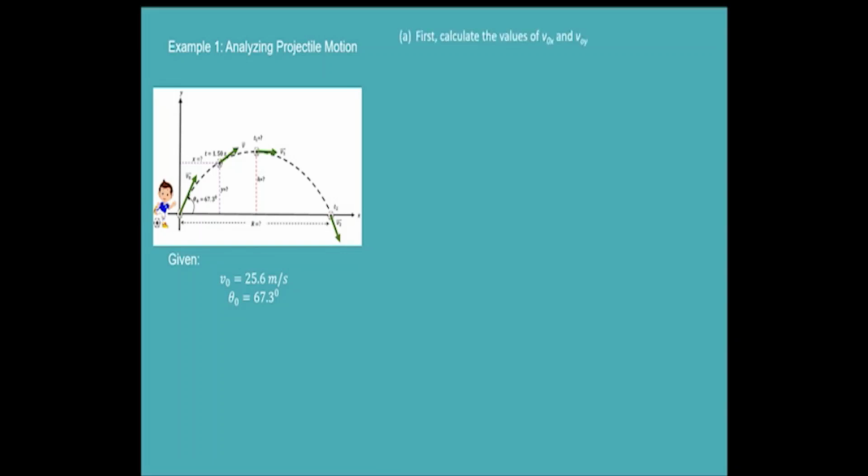Let's calculate the values of v sub 0x and v sub 0y. Let's recall that v sub 0y is equal to v sub 0 sine theta, where v sub 0 is our initial velocity. So let's substitute. 25.6 meters per second sine 67.3 degrees is equal to 23.62 meters per second.